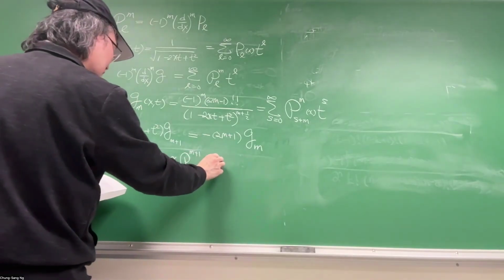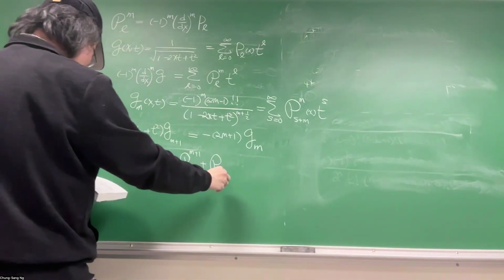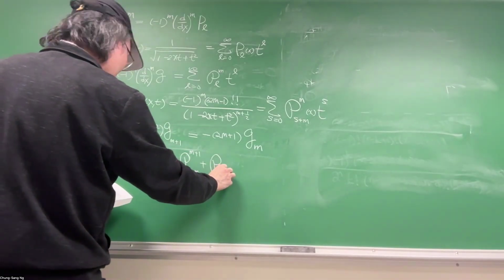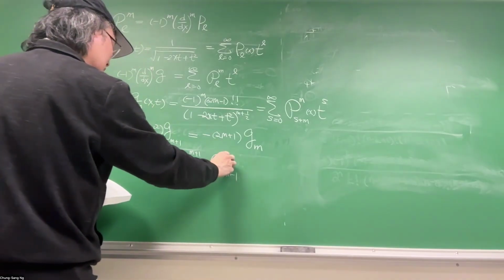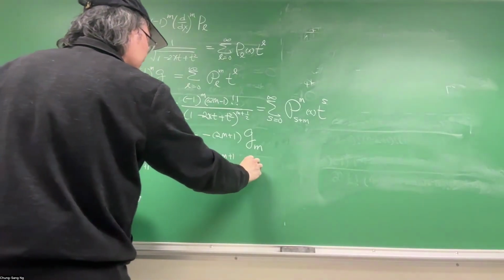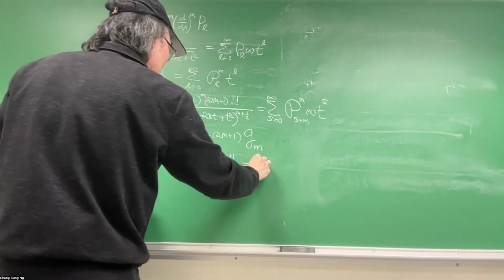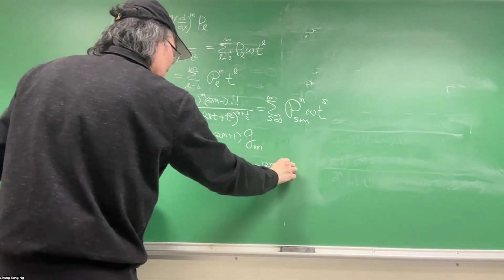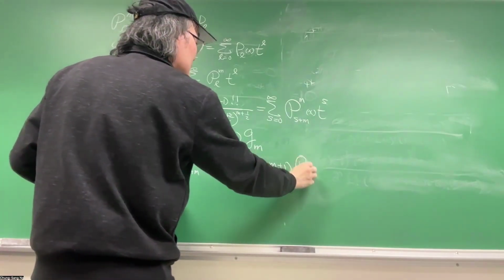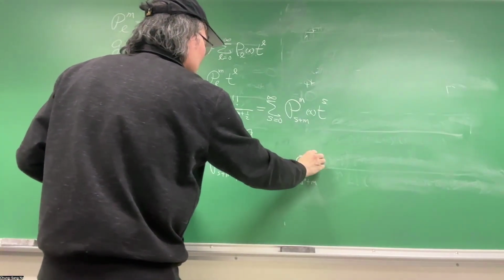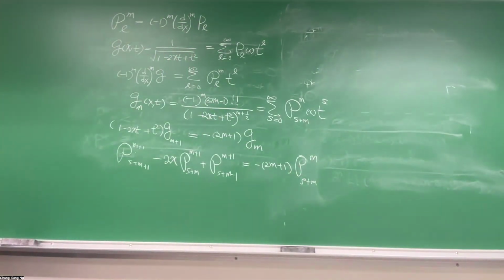And then finally, this one, because of the square, you change this to s plus m minus 1. Still m plus 1. And the right-hand side is just this one. Okay, so that's the equation 15.84, the equation below 15.85.